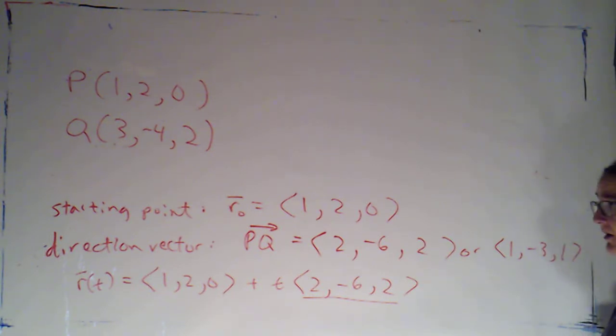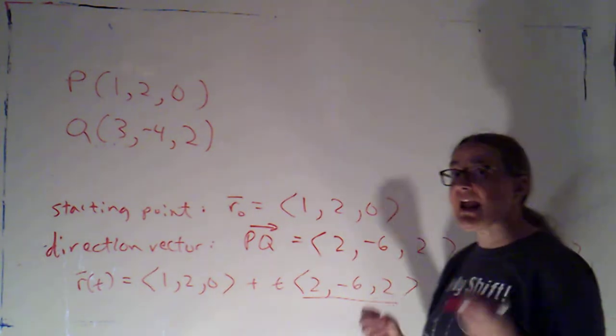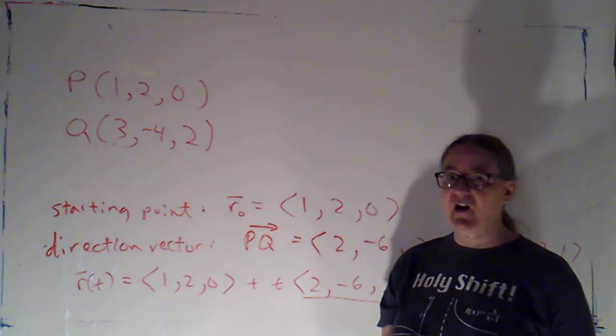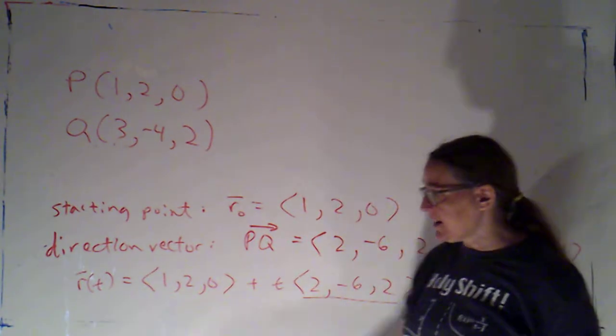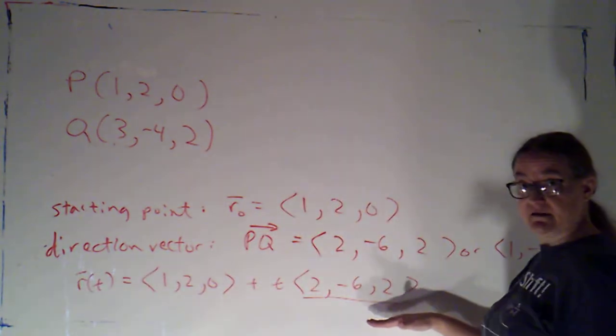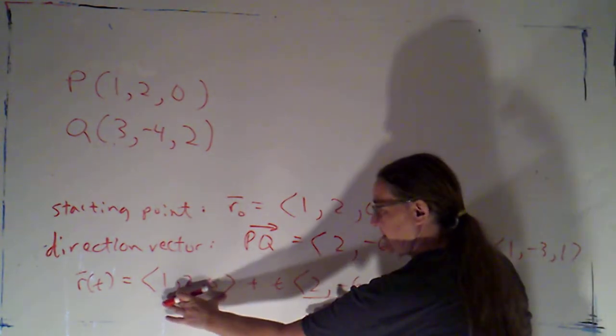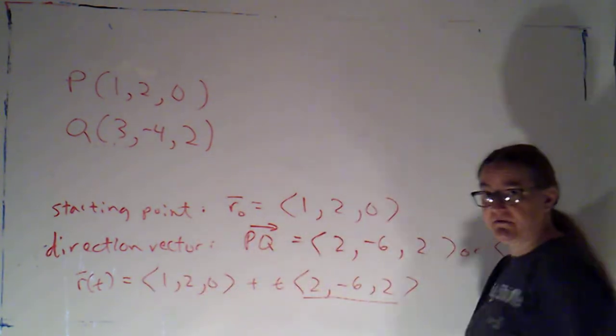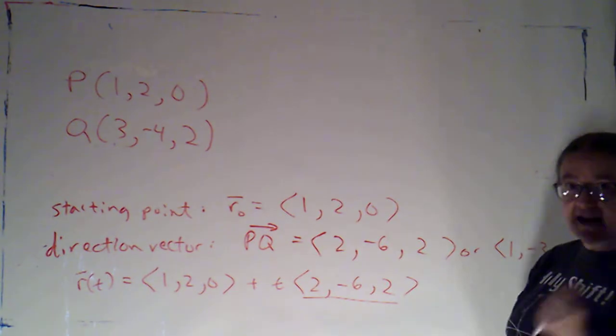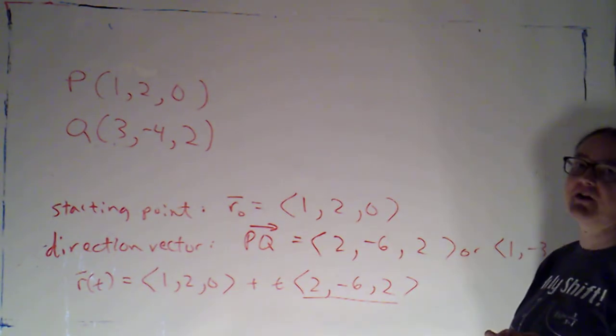Now, do be careful. I specifically asked for a vector equation for this line. If I ask for a vector equation, I'm looking for something like this. I don't care whether you leave it as a sum of two vectors or you combine into one vector, but I am looking for a vector function, a single function.